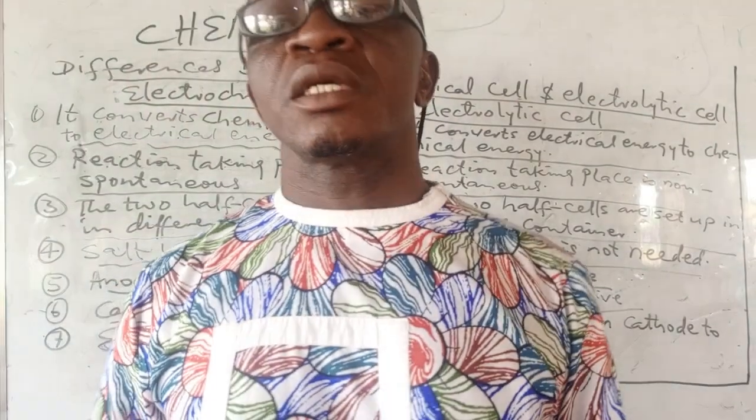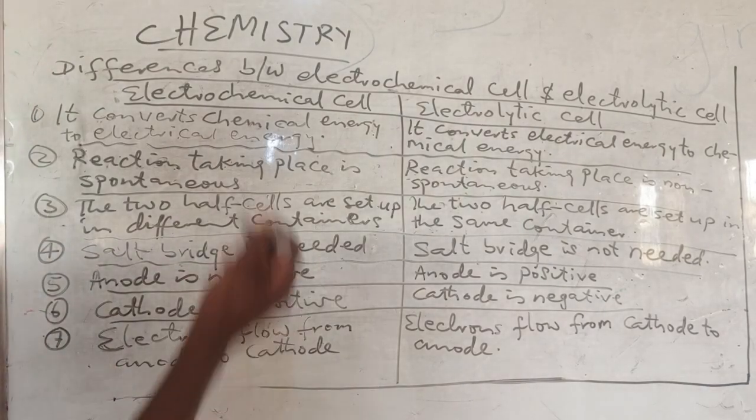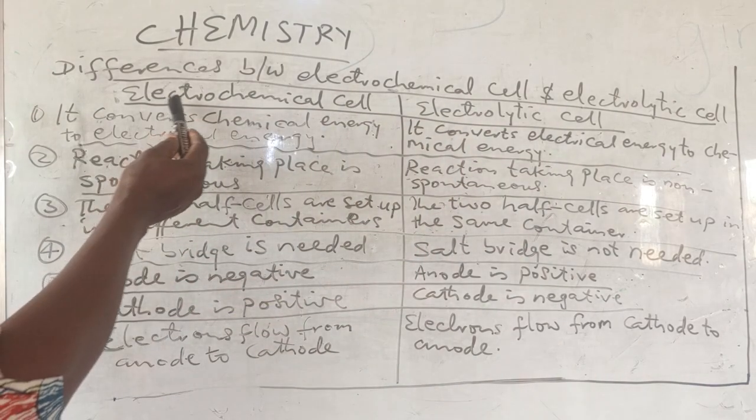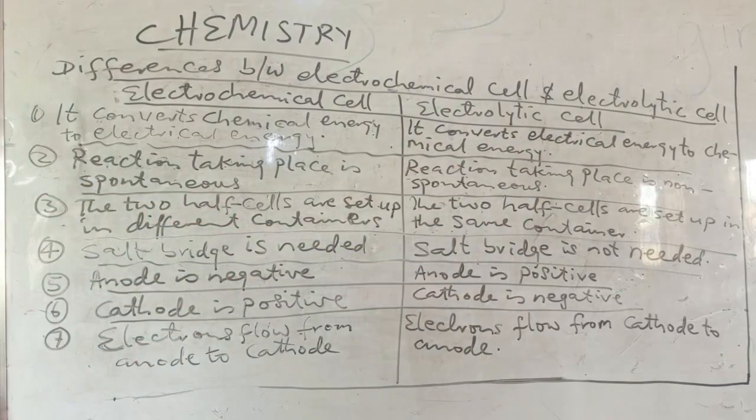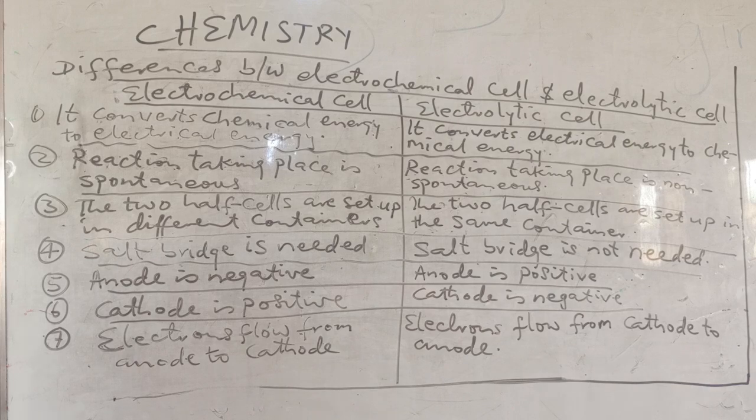Now let's see the differences between electrochemical cell and electrolytic cell. Electrochemical cell, this other side, electrolytic cell. Number 1, electrochemical cell converts chemical energy to electrical energy, while electrolytic converts electrical energy to chemical energy. Reaction taking place is spontaneous. Reaction taking place is non-spontaneous.